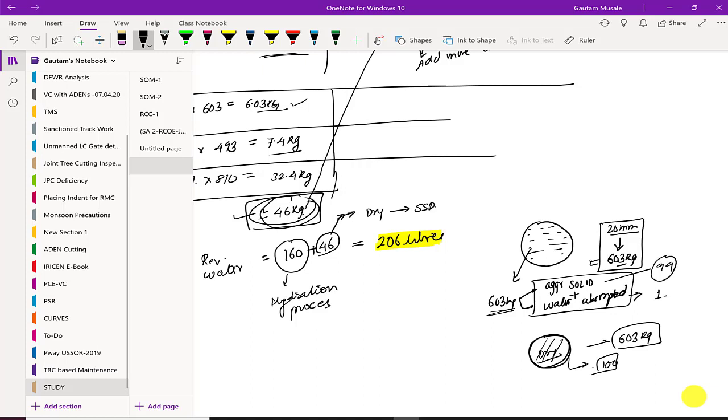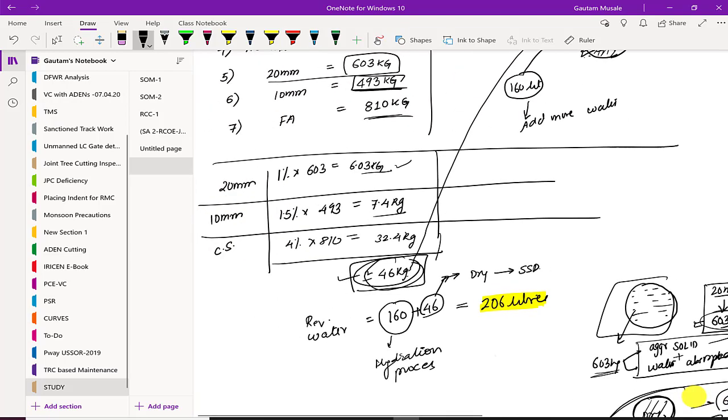That means without any correction to the aggregates, I will land up with more amount of solids. The weight will be the same. I will weigh this aggregate as 603, but my solids in this case will be 99 because 1% would be water inside. However, in the second case, if I take 603, the entire 603 would be solids. So my system will have more weight of the aggregates if I do not do any kind of corrections to this, right?